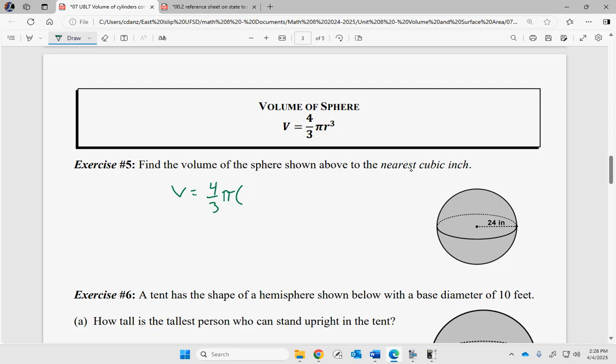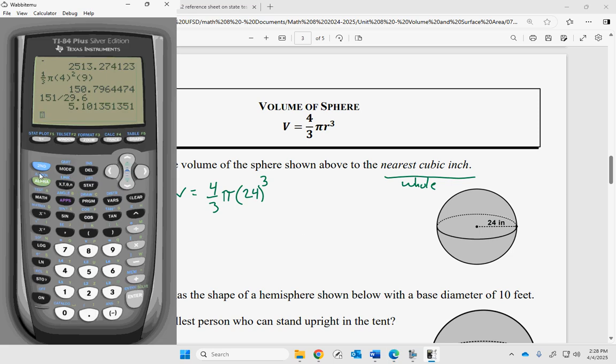The radius, you could see halfway across, is 24. And do you see in this problem, the radius is cubed. It's like our only formula where we do radius cubed. And we want it to the nearest cubic inch, which remember is a whole number. So do it on your calculator, please.